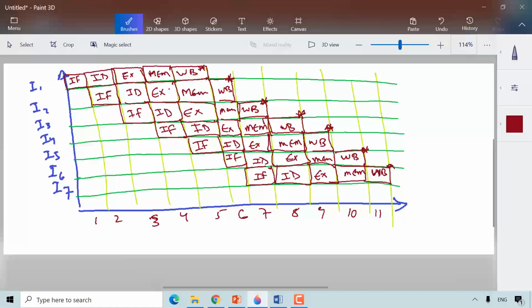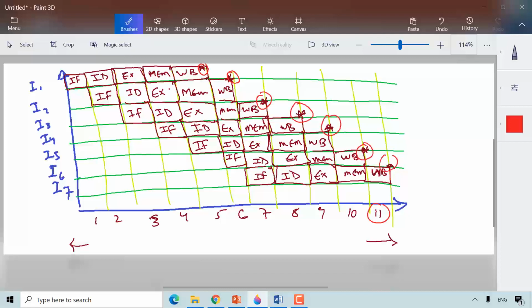Now what I want to do here is compute how many cycles this pipeline needed. Obviously it is clear that the number of cycles is 11, but how did I get here? Observe the following: from this cycle, I am finishing one instruction per cycle.